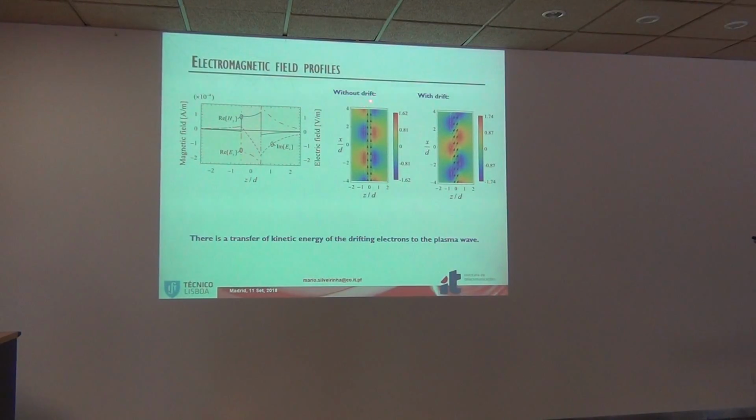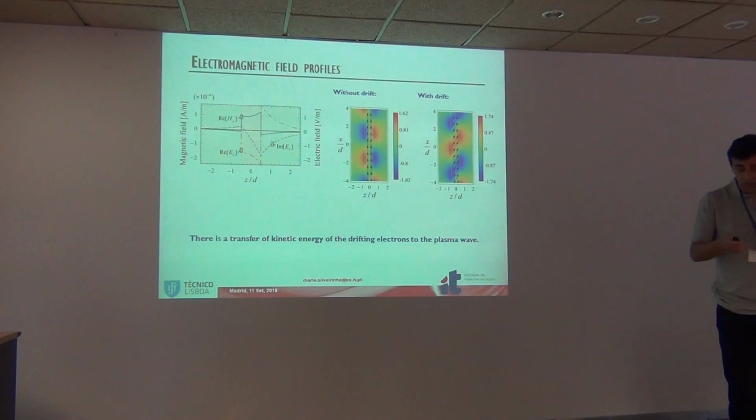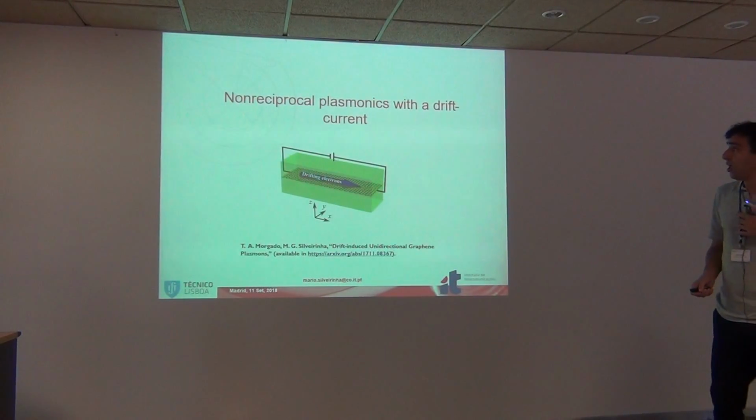You can see that without drift, you just have the normal plasmons, in this case in bilayer graphene, and the energy goes along X, I'm sorry, along this direction of propagation. But with the drift, you see that there is a transfer of energy from this sheet, the one with the drifting electrons, to the other one, okay? And so you have this gain.